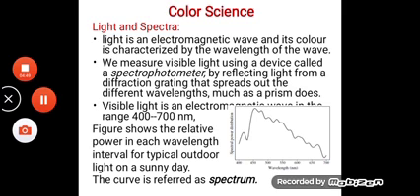Now when we talk specifically about color science, we need to revise a bit the difference between monochrome and color. Monochrome is a one-dimensional signal. Whatever light comes, we can categorize it from completely black to completely white.